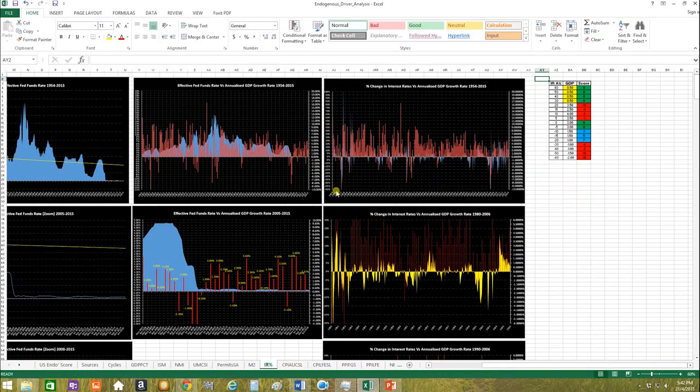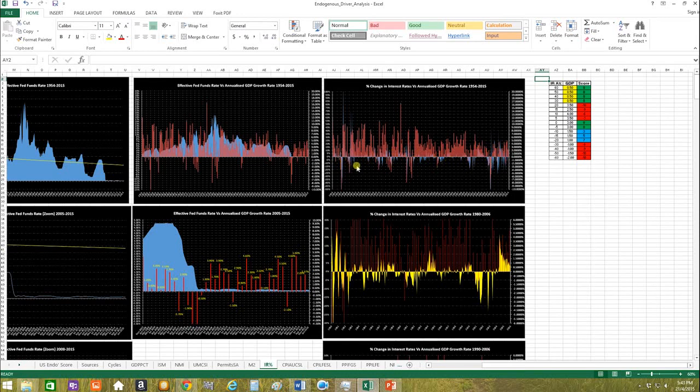And you can start to see that there's quite a lot of correlation between interest rate changes that are month on month negative, the size of those changes, the direction, and comparing it to annualized real GDP growth. We can see that there's some sort of correlation there.